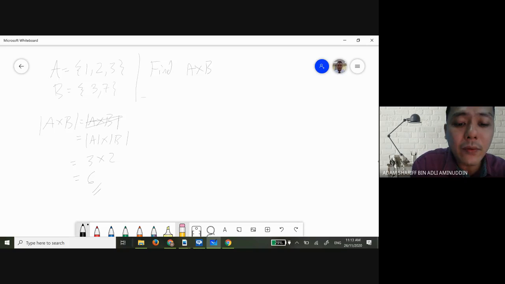So if I want to find A times B, the elements on the left here should come from A. Ni patut datang dari A. Yang second element patut datang daripada B. So I take 1, 3. Okay, ambil 1, 3.